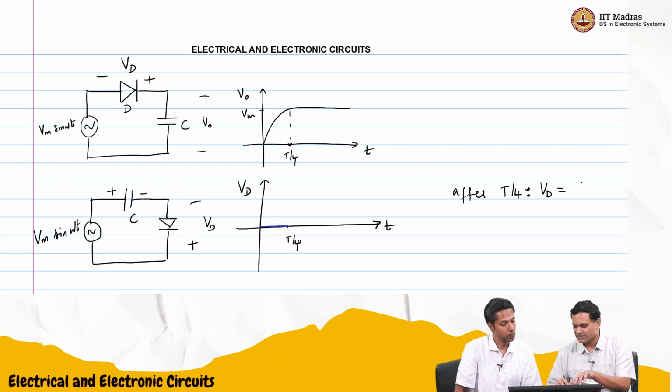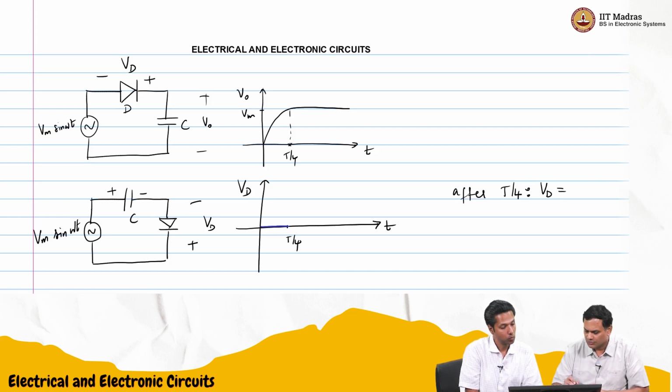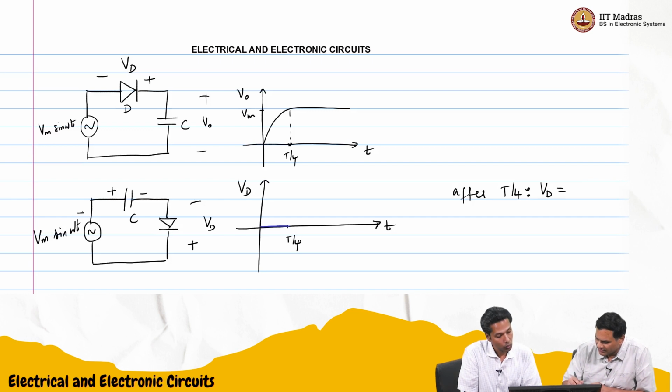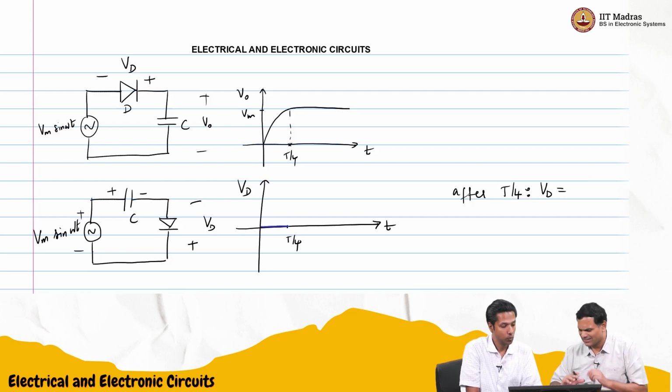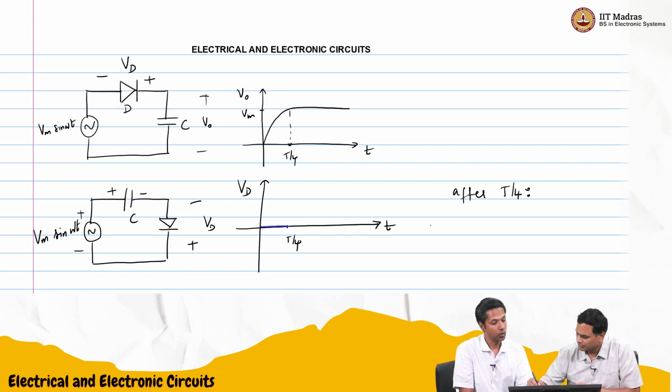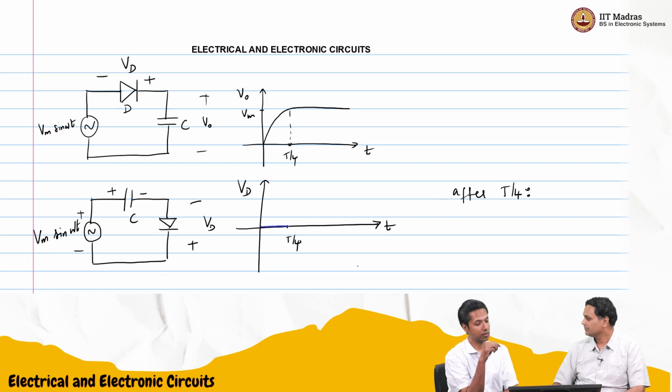The capacitor voltage is fixed to VM. Then the voltage across the diode, let's say the source is Vm sin omega t like this. I'll take some polarity. That is equal to Vm minus Vd. Is that correct?